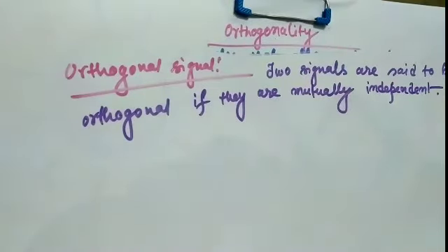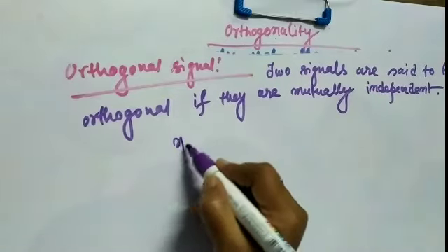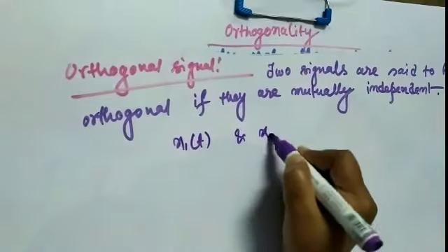So suppose there are two signals x1(t) and x2(t).